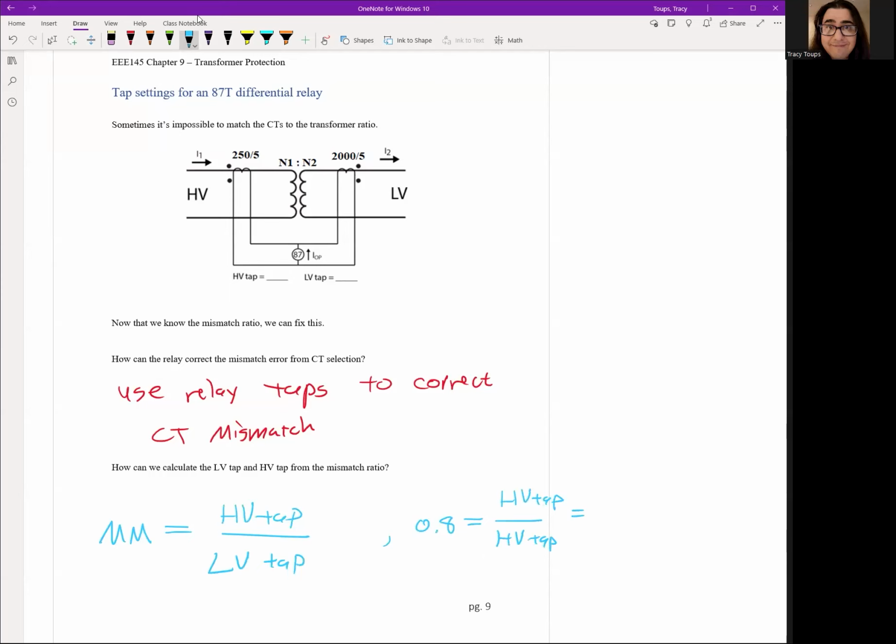I would probably choose 0.8 to 1. That's the easiest one, right? But technically you could choose any ratio of that. And so in my relay, I'd say, okay, high voltage tap is 0.8, low voltage tap is 1.0, and that should correct any imbalance you had before, and then the differential relay will act correctly. Okay.